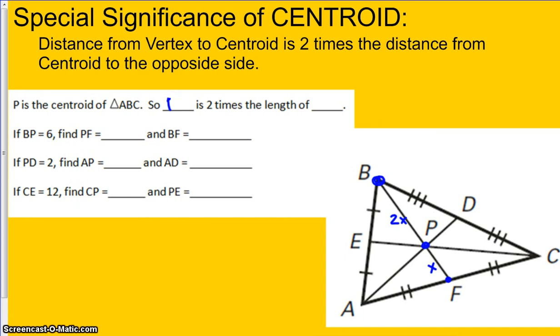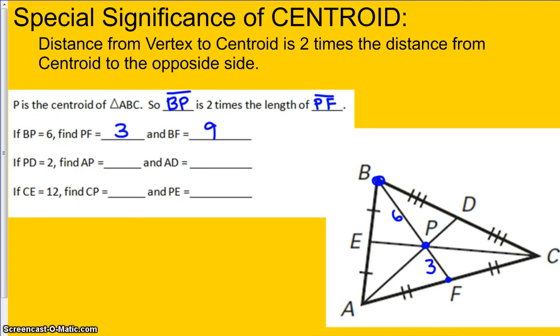Alright, so we can say that BP is twice the length of PF. Alright, so if BP is 6, then doesn't PF have to be 3 because it's going to be half the length of BP? And then BF, I would add it up. So if this is 6, then this is 3. 3 plus 6 is 9.